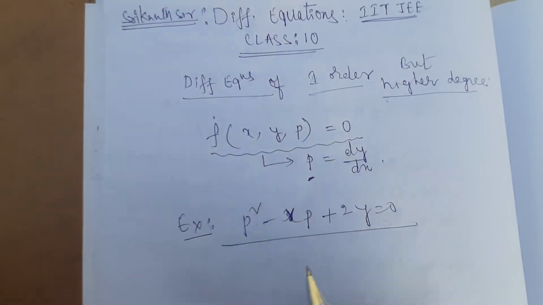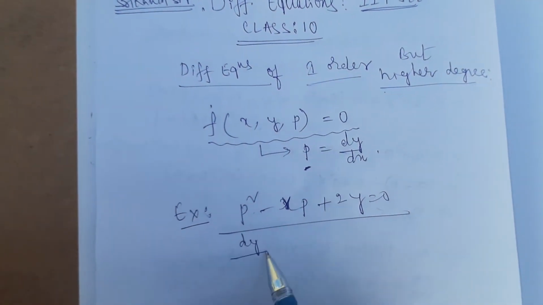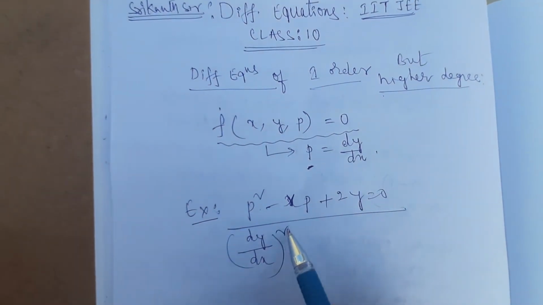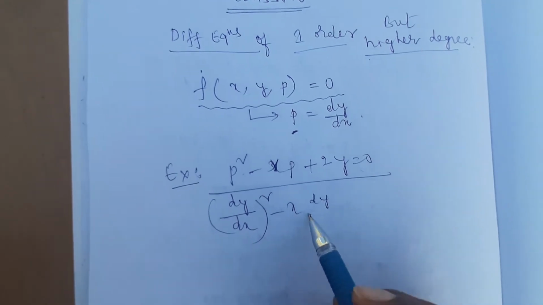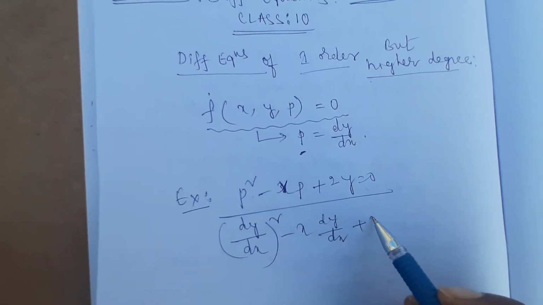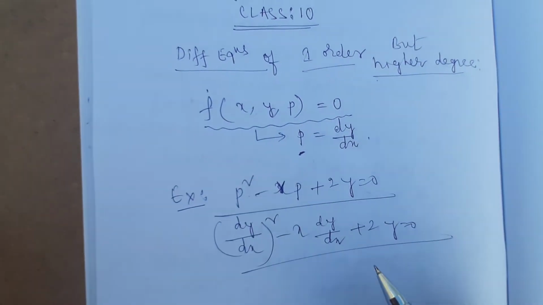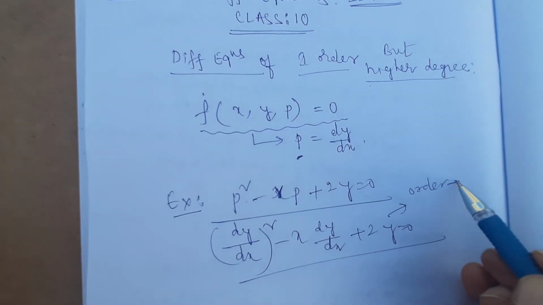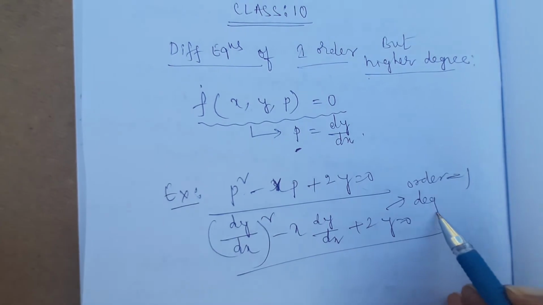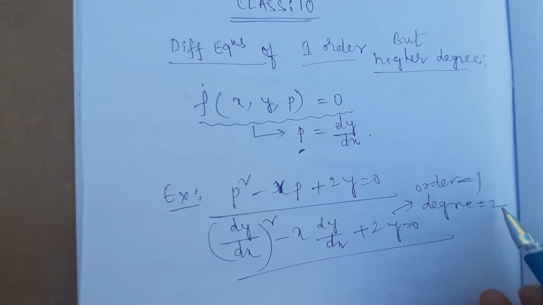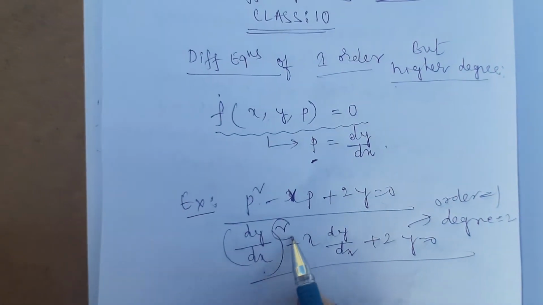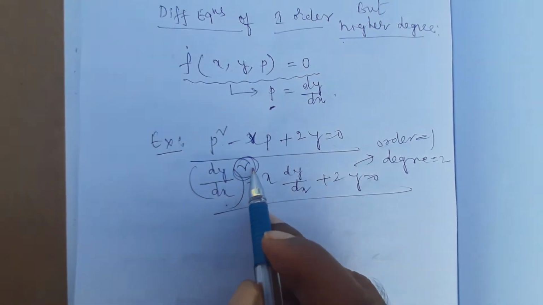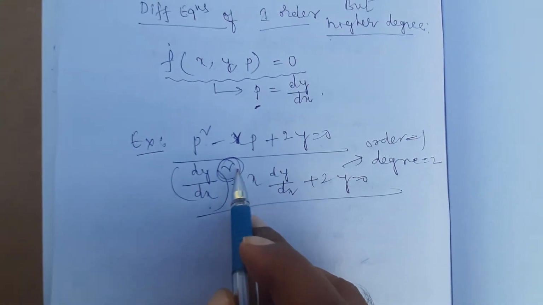If you convert this equation to (dy by dx) whole square minus x into dy by dx plus 2y is equal to 0, what is the order? Order is equal to 1 only, but the degree is 2, since the highest power of dy by dx is 2.